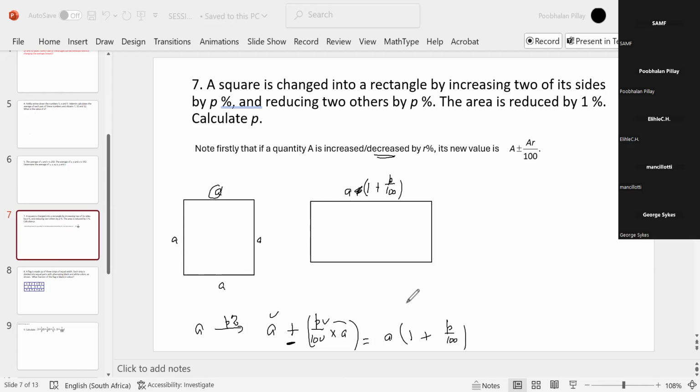And the other one is decreased, so there you would have A minus AP over 100 because you have made it smaller. The P% of that is P over 100 times A, but it's decreased, so you have to subtract it. So when you take the common factor out, you have.